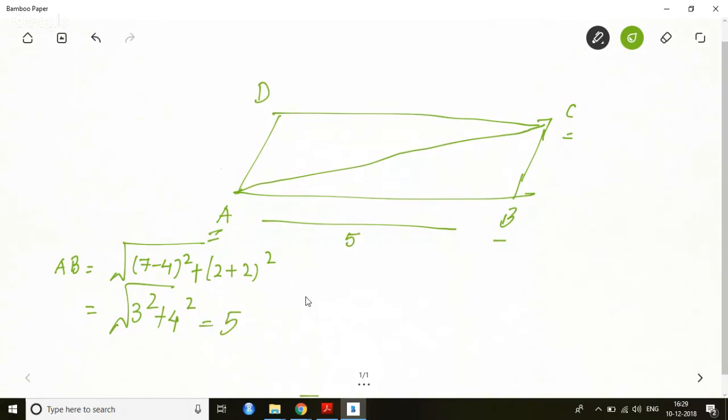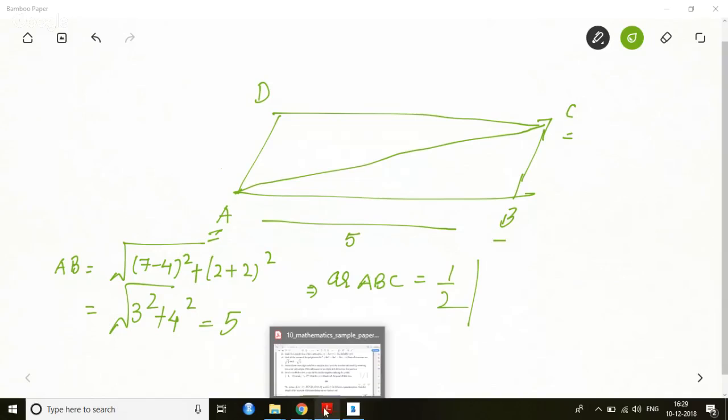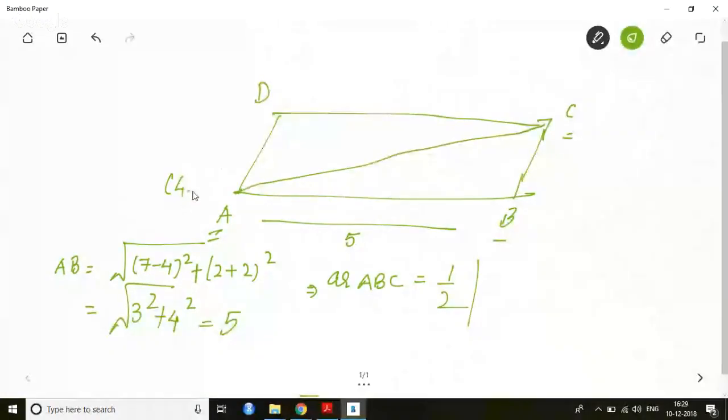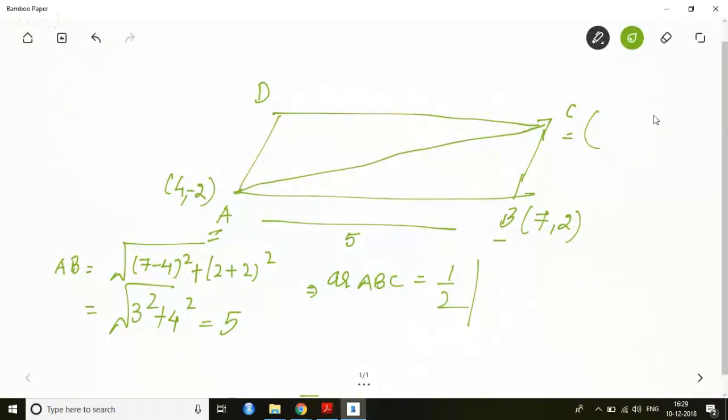Now I need to find out the area of triangle ABC. So the area of triangle ABC is equal to 1 by 2. Suppose I'm writing it here. A is (4, minus 2), B is (7, 2), and C is (0, 9).